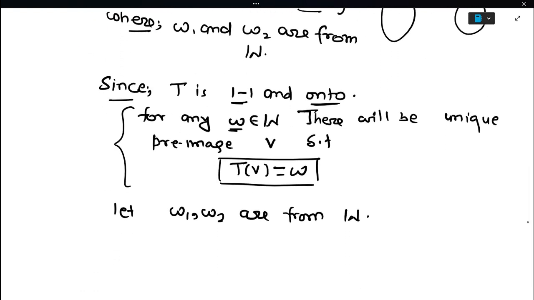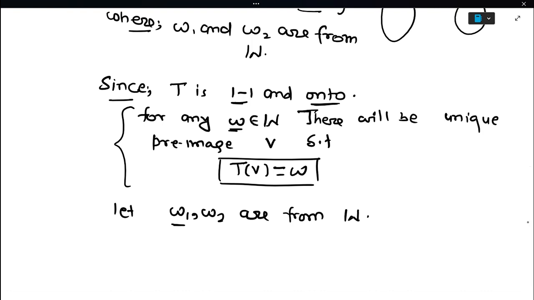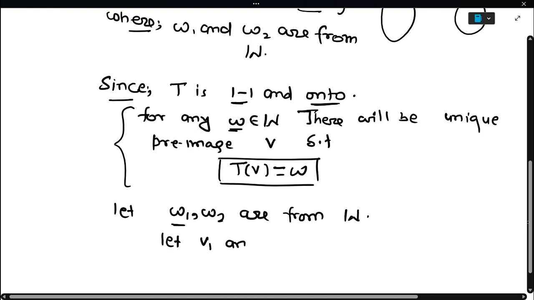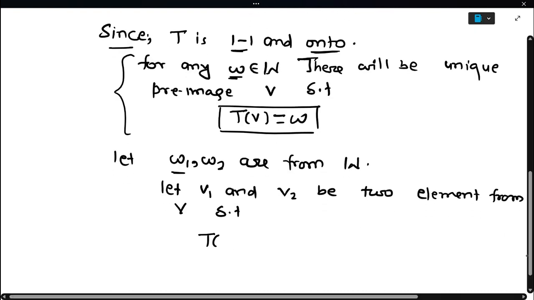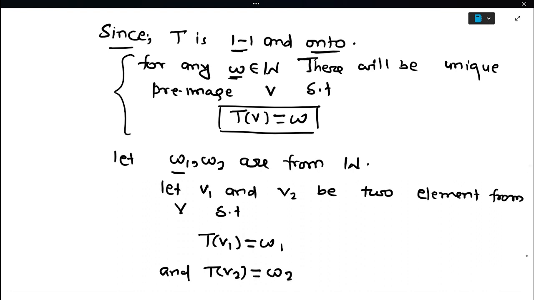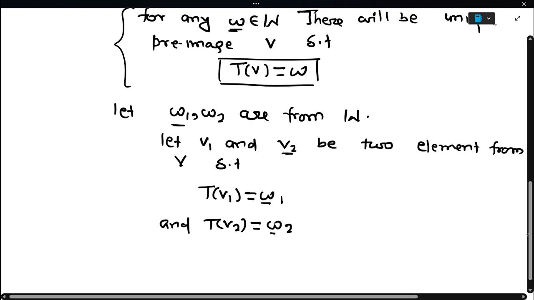We know that for any element of W, we have a unique V. So let V1 and V2 be two elements from capital V such that, we have T from V to W, so we have a V1 whose image is W1, and we have a V2 whose image is W2. So we have assumed two vectors in the vector space capital V whose images are W1 and W2.